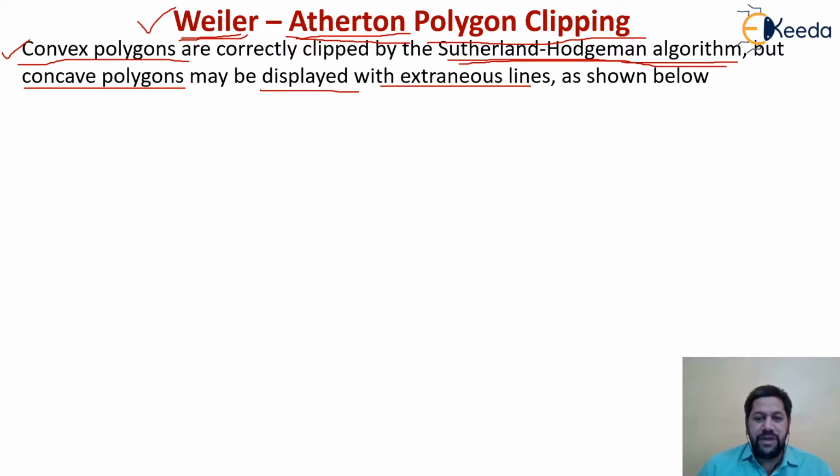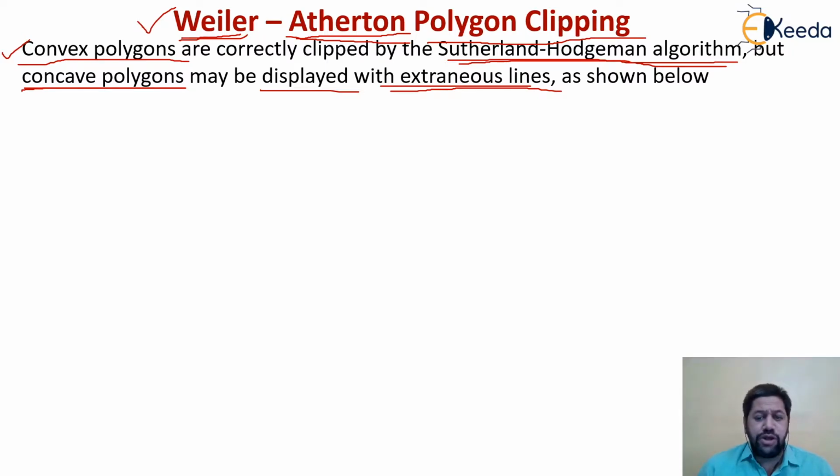It means the Sutherland-Hodgman algorithm is not suitable for concave polygons, and if I apply it to concave polygons, extra or extraneous lines can be displayed.